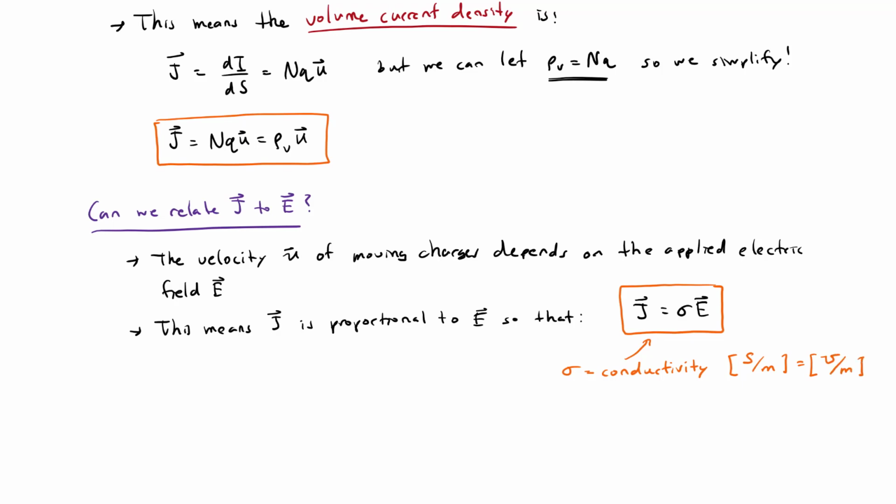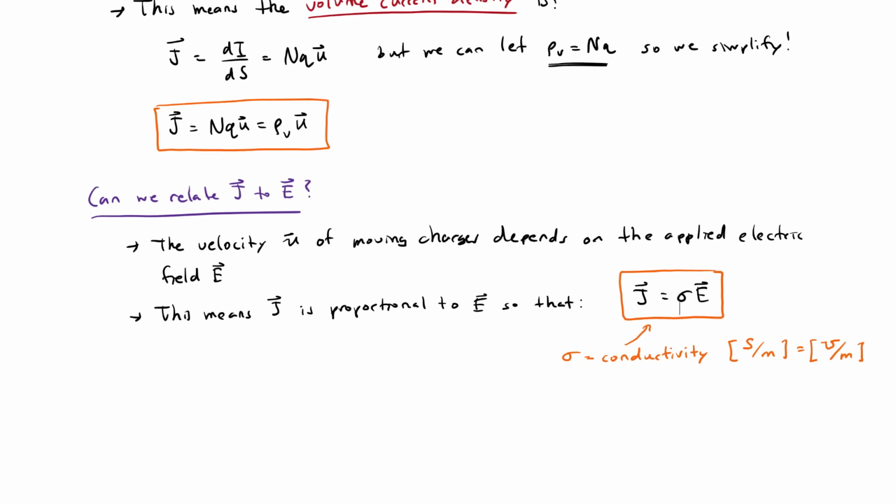So that symbol, which is an upside down omega, simply means the reciprocal of ohms. So this particular symbol is called mho, because if you spell it backwards, it's ohm.